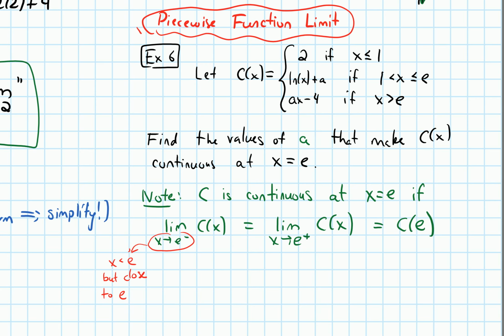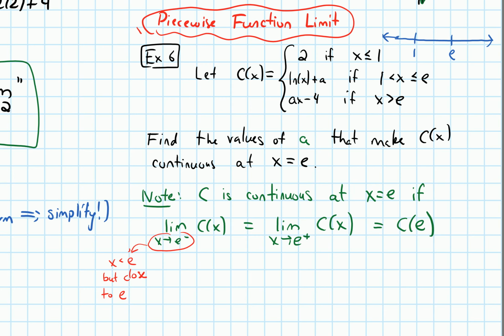Let's think about what piece of the function we would use. If I were to just draw a number line, the function has these cut points at 1, and what I mean by cut point is that's a point where it switches from one piece to another piece. At 1 it switches from the top piece to the middle piece, and then it switches again at e.